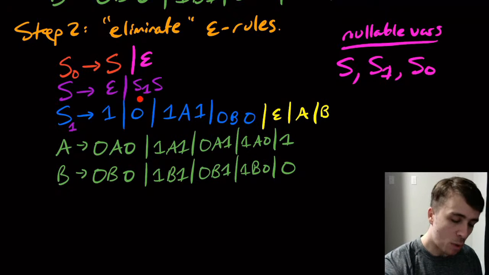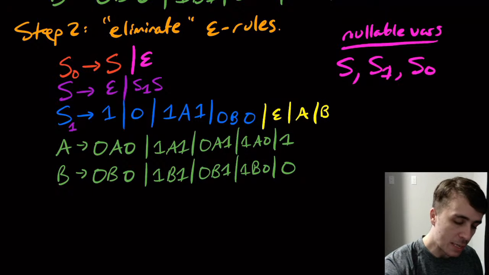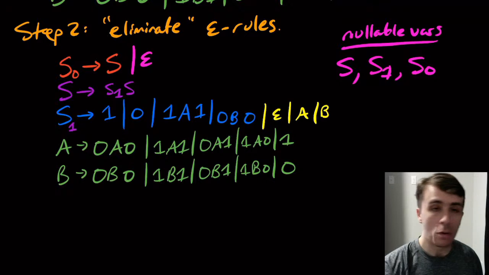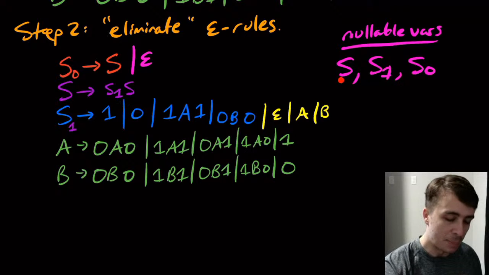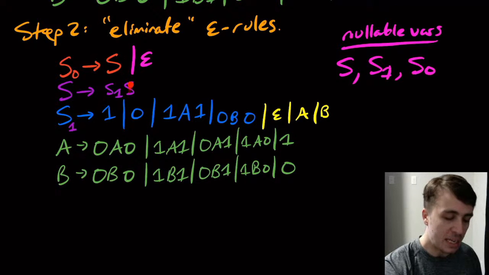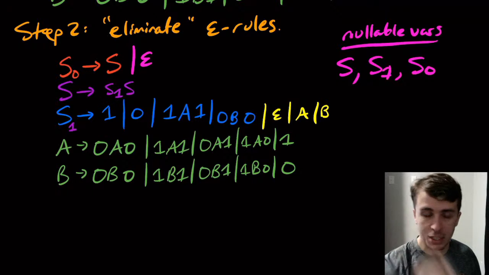But with S1 being nullable, first off, we need to delete this one because we can't have a non-start variable making epsilon. And there is an automated way of doing this, by the way, but I'm not going to talk about it here. So if S can make the empty string, which it can, then in this rule right here, this S could make epsilon, and S1 might make something else.